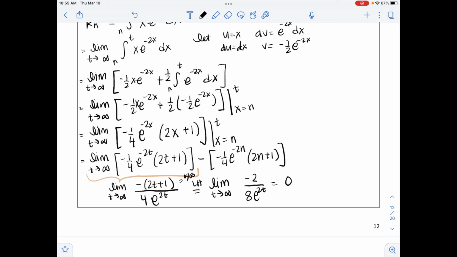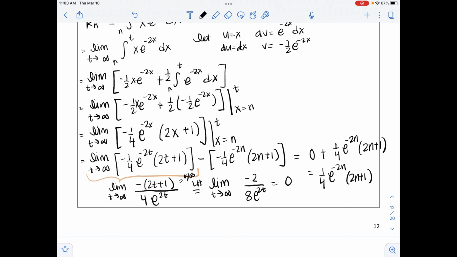And so that limit that we had right here is going to be 0 plus 1/4 e to the negative 2n, 2n plus 1. And this is going to be equal to 1/4 e to the negative 2n times 2n plus 1.